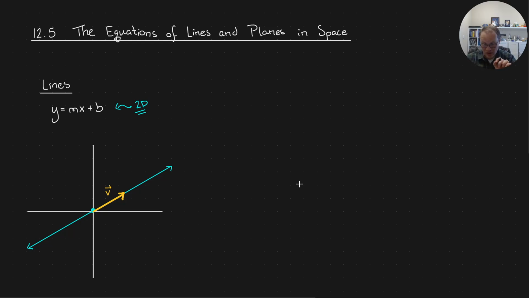Once I get that vector, all I need to do is scale that vector, and I could describe any point on this line, right? If I take that vector and multiply by 2, so it's twice as long, I can get to that point, right? If I wanted to get to this point, I just take that direction vector, and I go half as long. Gets me to that point.